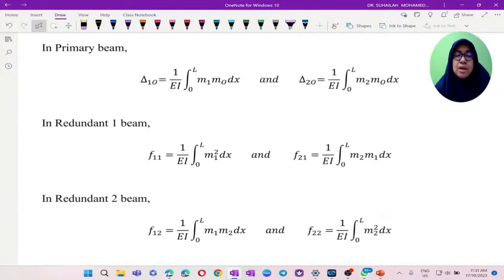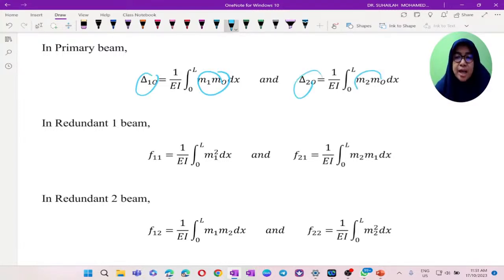So these are all the formulas, the standard form: delta 1 naught, delta 2 naught, F11, F21, F12, and F22. It is two moment equations. So for 1 naught, we use M1 M naught.